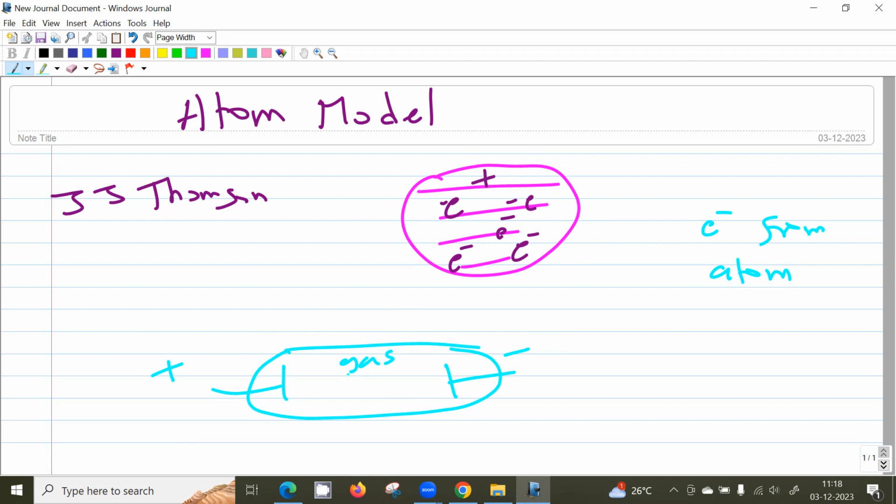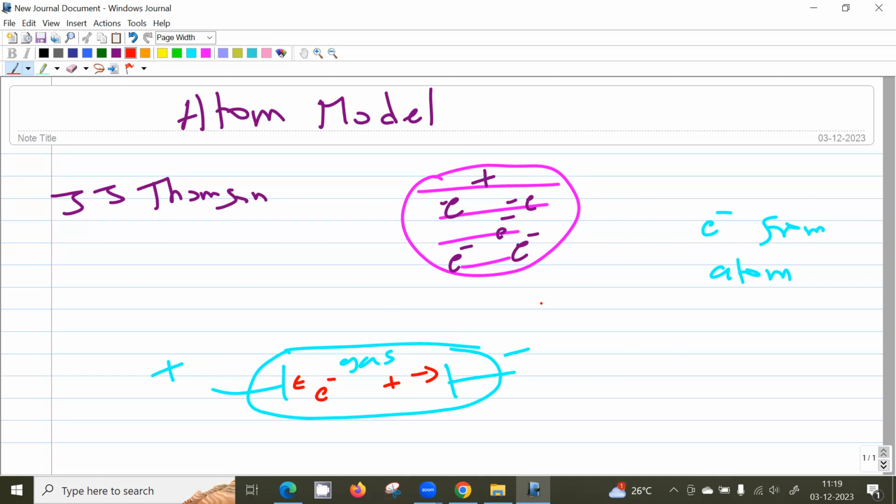When you apply an electric field, electrons will move towards the positive plate, and the positive ions will move towards the negative one. So from that, the conclusion was that there is a negatively charged particle present inside the atom.